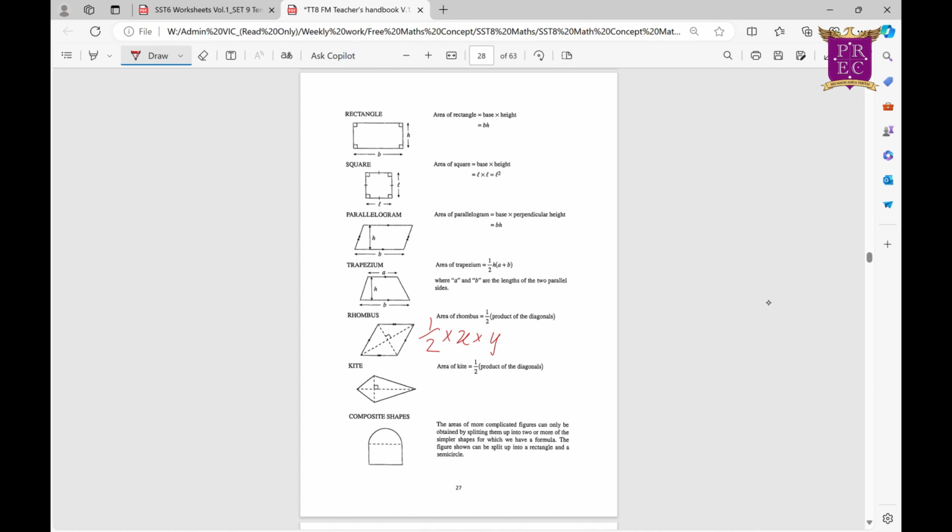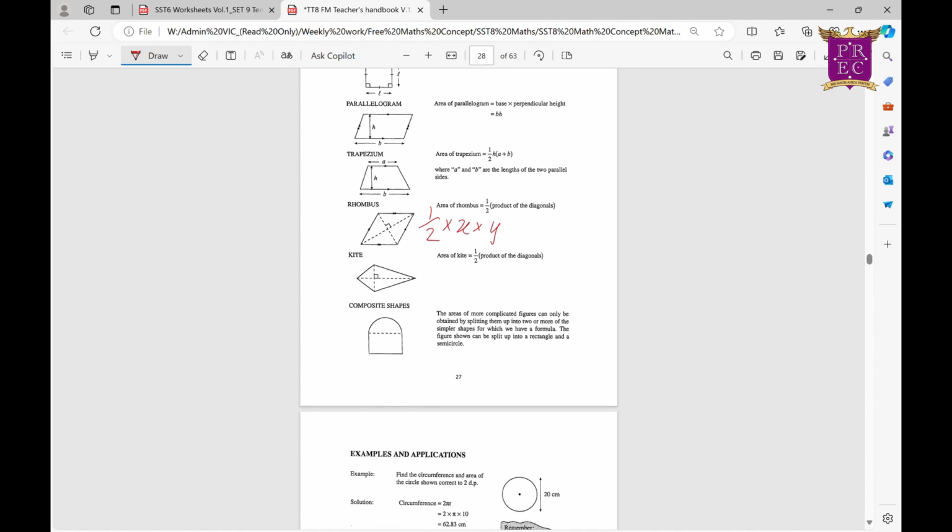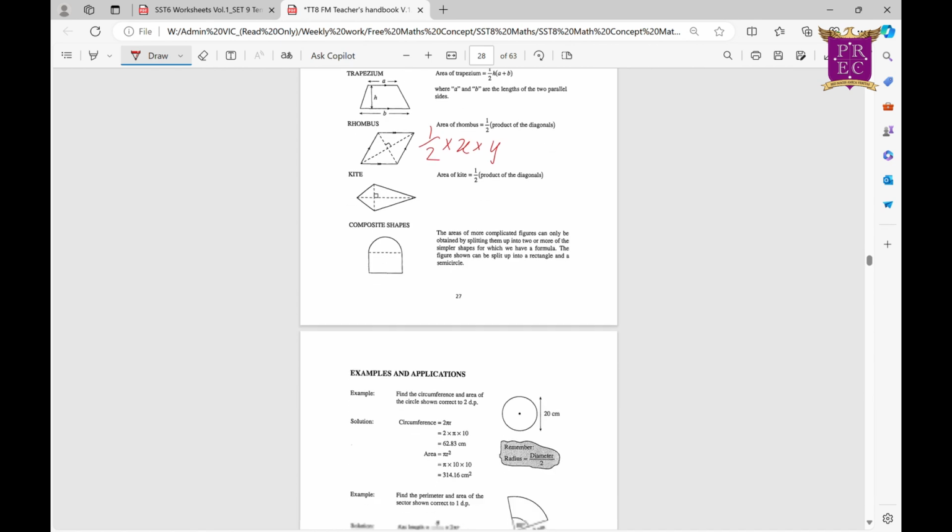So we need to find out the length of the diagonal here and the diagonal here, and do the product of it and then divide it by 2. Same with the kite, half times the length here and the length here, it's just the diagonal. Okay, and with composite shapes, we divide the shape up into 2 shapes and then find the perimeter or the area separately and then add them up.